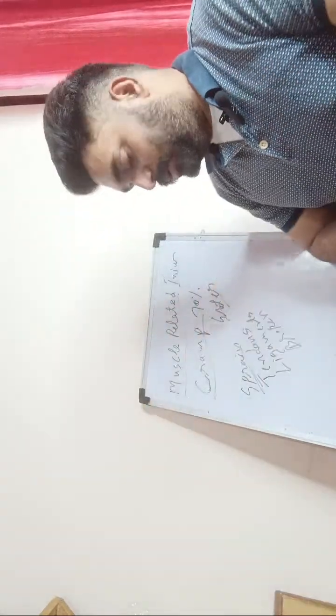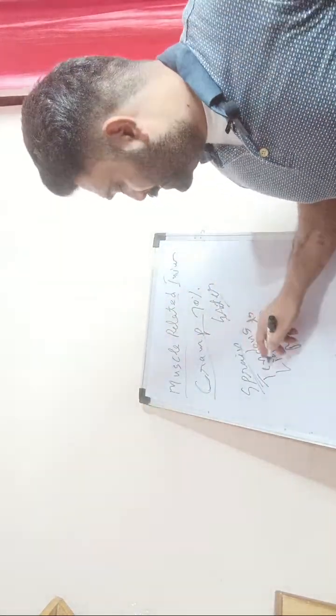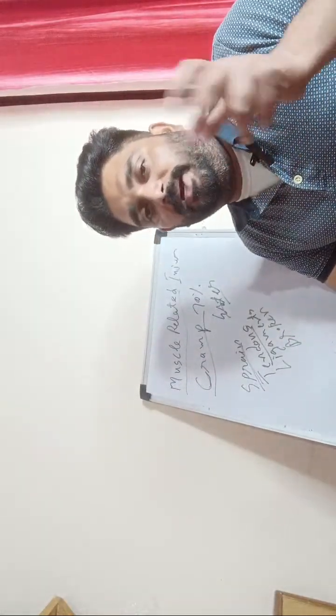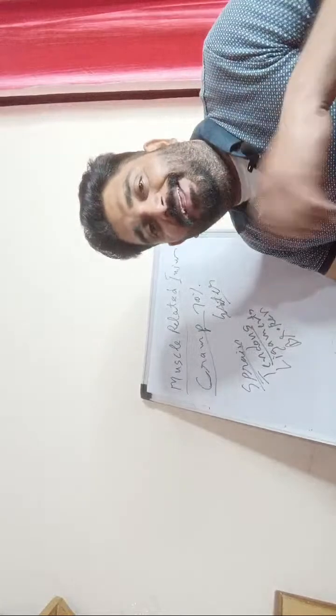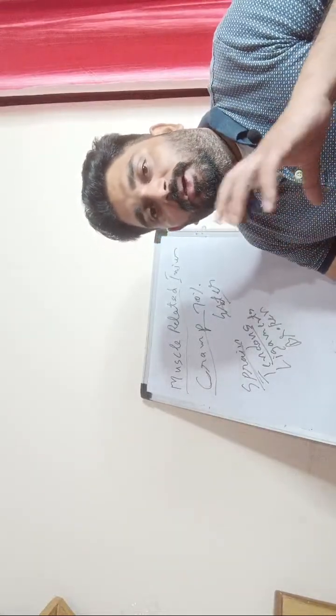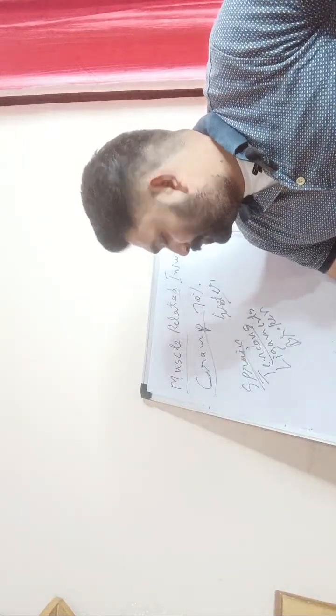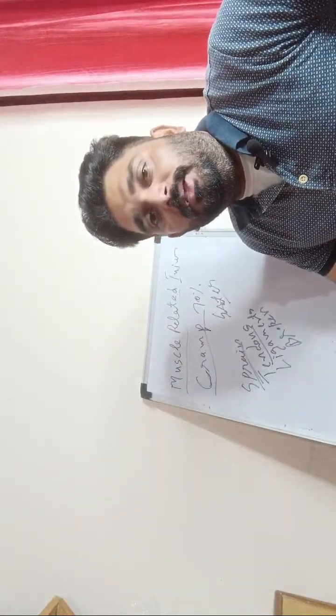So the tendons, which are responsible for the movement of the joint, and the ligaments, which bind two bones to make a joint, are broken. That time the injury is called sprain.